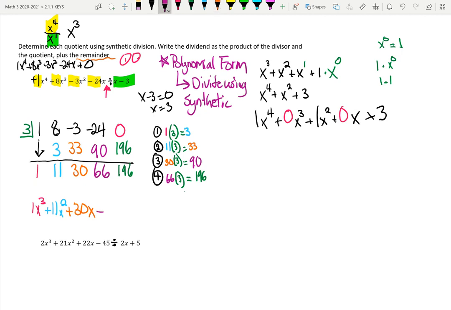And I continue. So now I'm at the polynomial form where I am past the number. This is this extra bit that needed to be watched for. 196 is the remainder. And I can't just do plus the remainder of 196. I actually have to represent this algebraically.